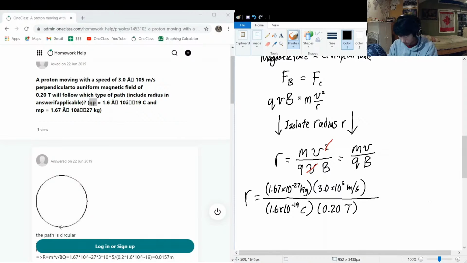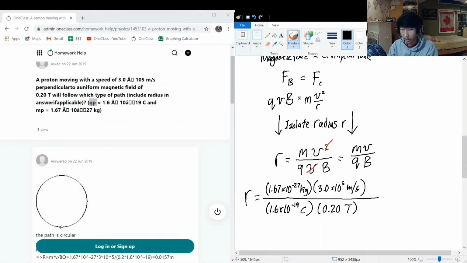So let's calculate this whole thing: 1.67 times 10 to the power negative 27, multiplied by 3 times 10 to the power of 5, and divide that whole thing by 1.6 times 10 to the power of negative 19, multiplied by 0.2.